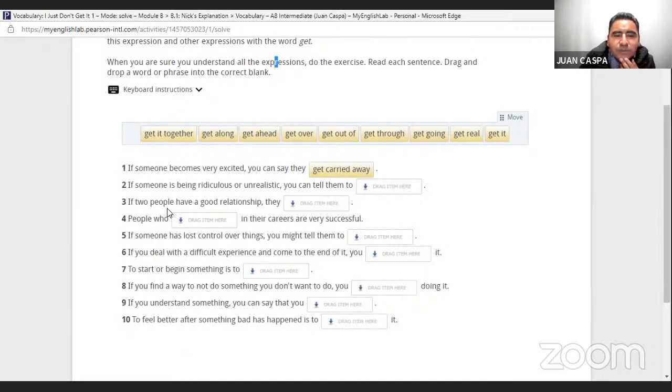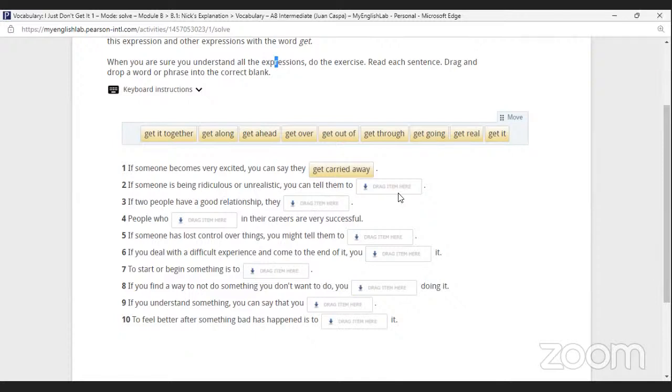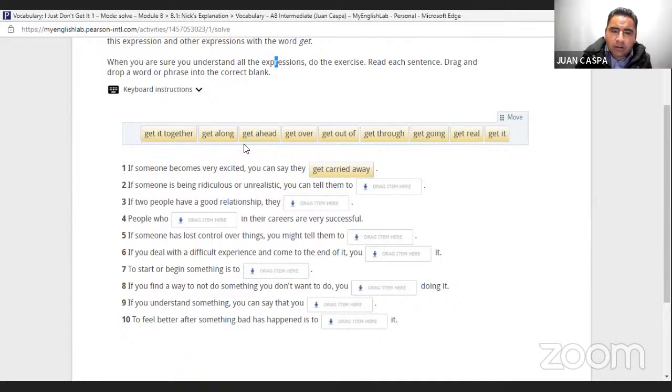If someone is being ridiculous or unrealistic, you can tell them to... when something is not real, it's just something lying. You can say: get it together, get along, get ahead, get over, get through, get going, get real, get it.